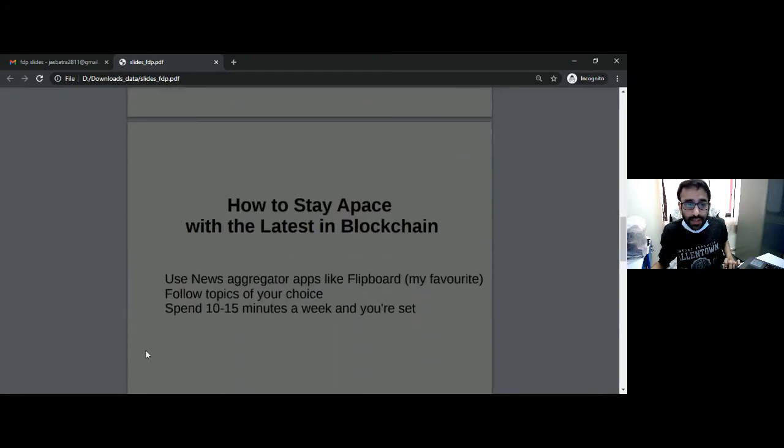Next point. This is my favorite so far. Use some news aggregator apps. For example, Flipboard. I don't know if many of you use Flipboard, but it's personally my favorite. You can follow n number of topics of your choice, and it aggregates news or latest developments on that particular topic from all over the web and gives it to you ready-made in your app or on your web system.